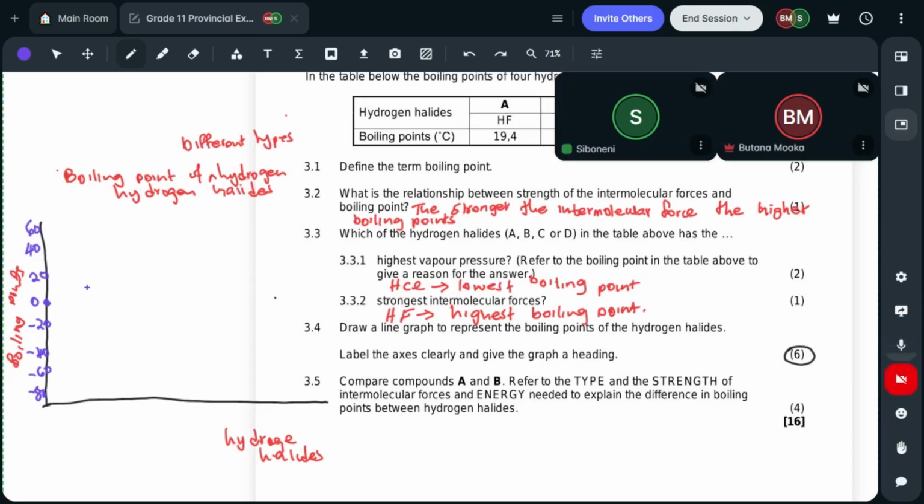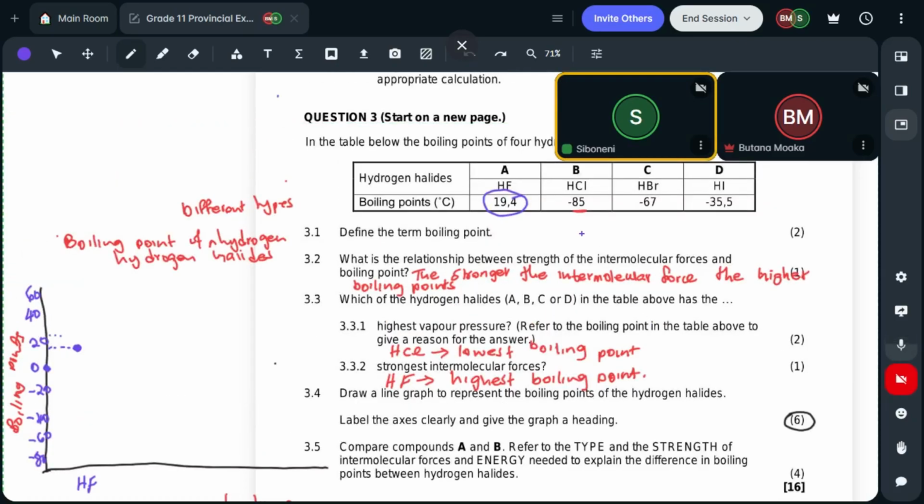Right. So when I do the graph, let me first start with the HF. If I say this is my HF, I need to put the HF at that 19.4, which is close to 20. So I'm just gonna put it somewhere up here. Oh, it should be below, né? Are you still with me? Let's put it somewhere here. And then let's plot for the next one, which is minus 85.